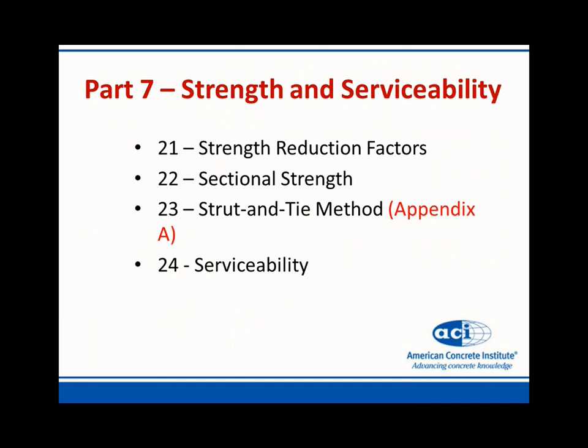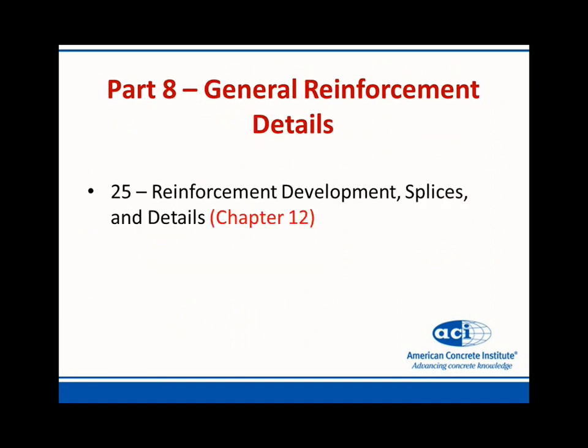Chapter 22 addresses sectional strength, the unified design method. Chapter 23 brings the old Appendix A into the code, strut and tie methods. Chapter 24 addresses serviceability. Part 8 addresses general reinforcement details. It's largely equivalent to Chapter 12 in the 2011 code.